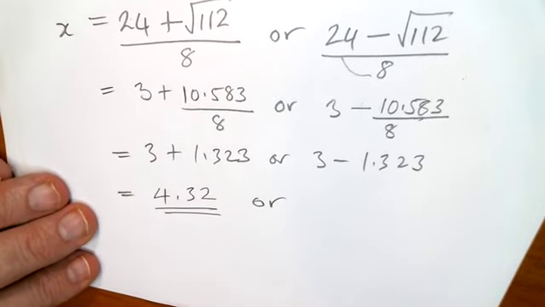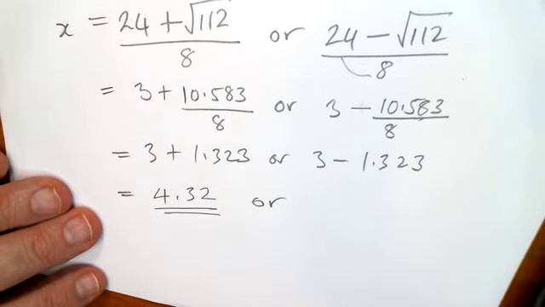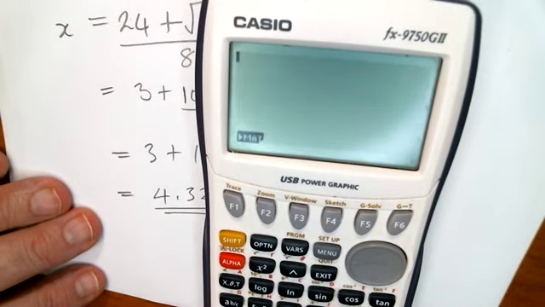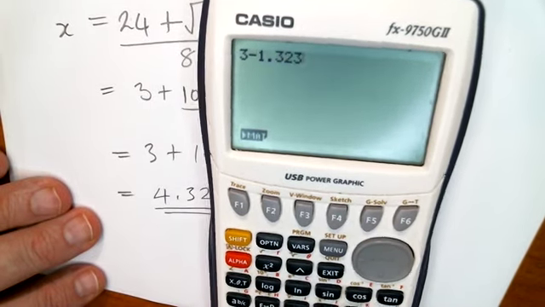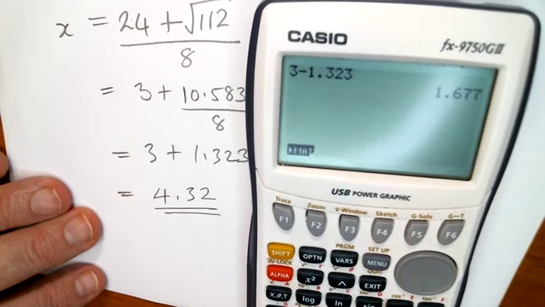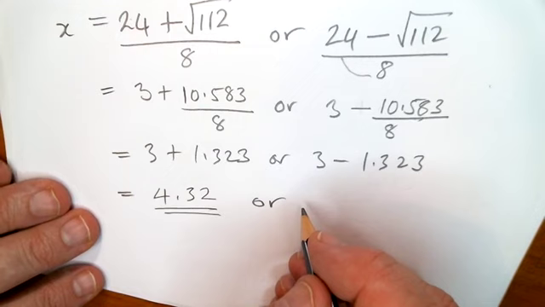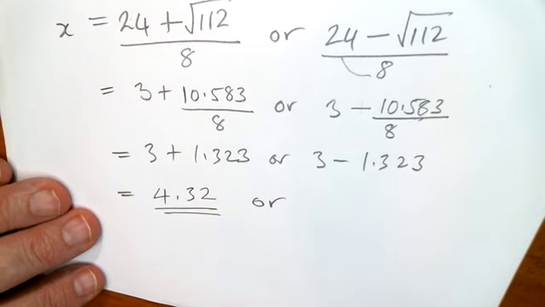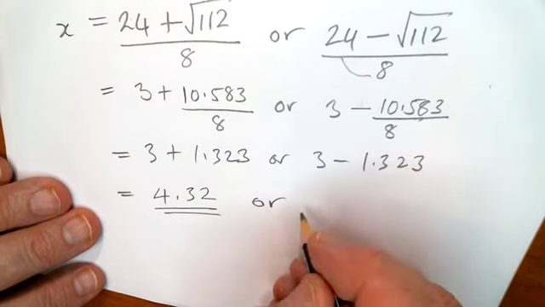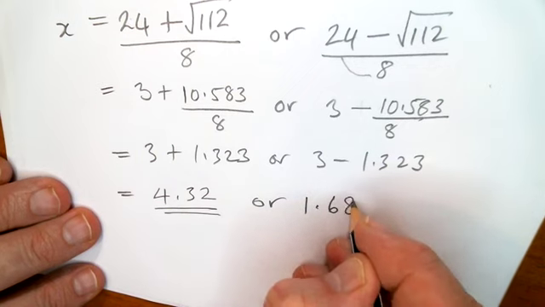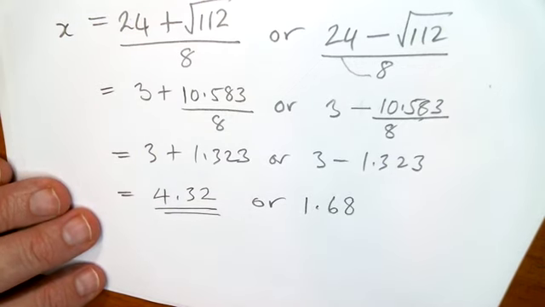Or x is going to equal, now this is going to be interesting because this is actually going to be a smaller number. So I've got 3 minus 1.323, so it's going to be 1.677. I'm going to call that 1.68, seems reasonable.